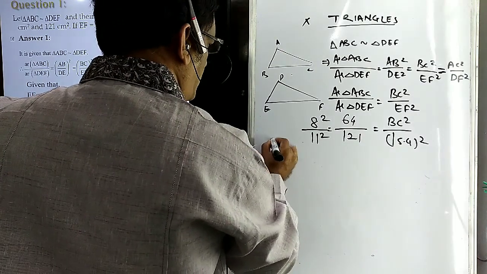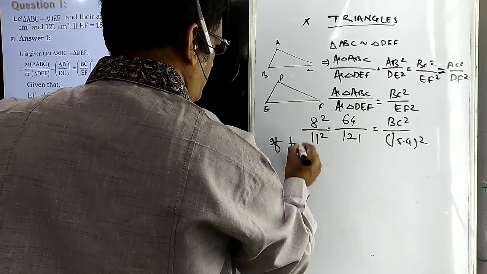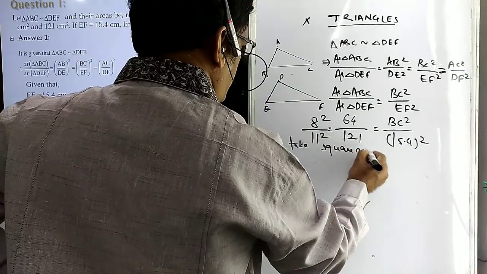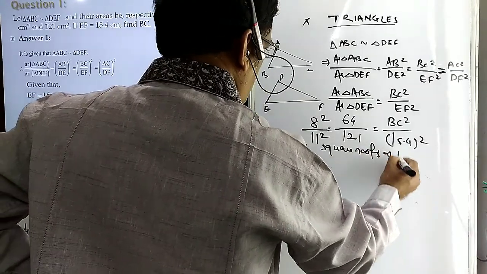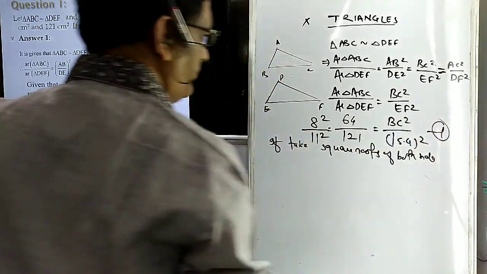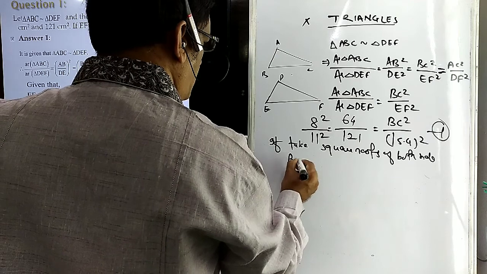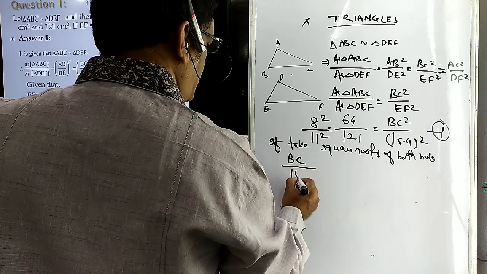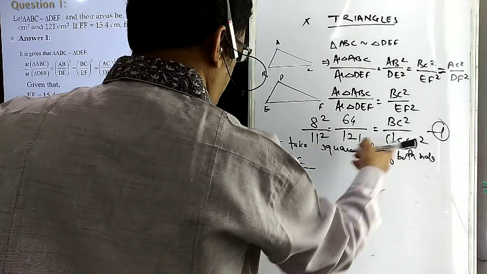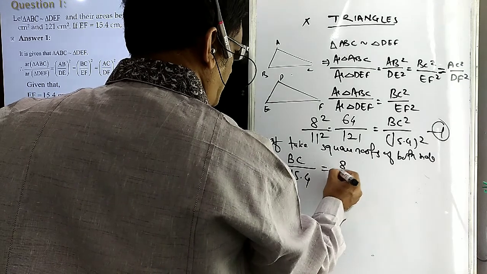If we take square root of both sides of this equation 1, then what happens? BC by 15.4 is equal to 8 by 11.